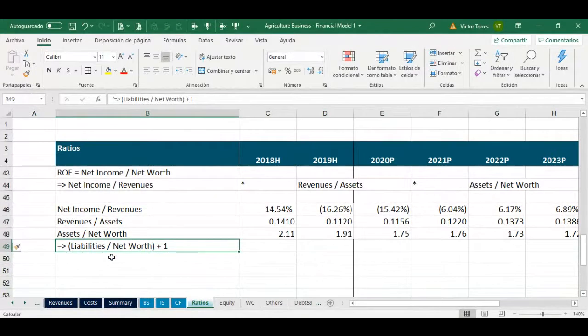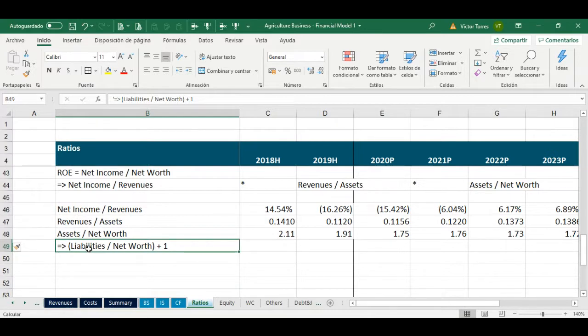This is a ratio that refers to how much of the total assets is being financed by liabilities. But realize that it's not only financial liabilities here. It's not only debt. It's also the accounts payable that you have, or employee payables, tax payables. So you also have operational financing.